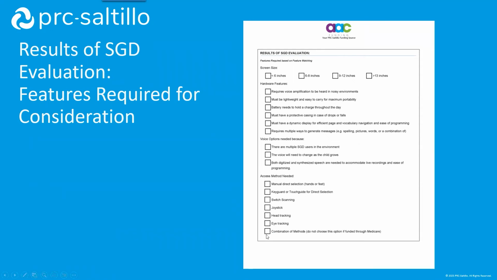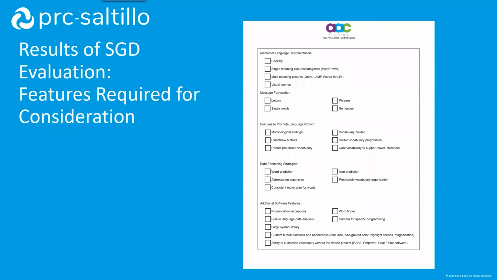So in that case, we need to describe why we'd be doing it in that motor aspect of things. But also here we'd be saying, hey, it's a combination. And there's just a note that if it's being funded through Medicare, then they don't typically cover that kind of an option. And then here's some more features that we would be considering and marking off.